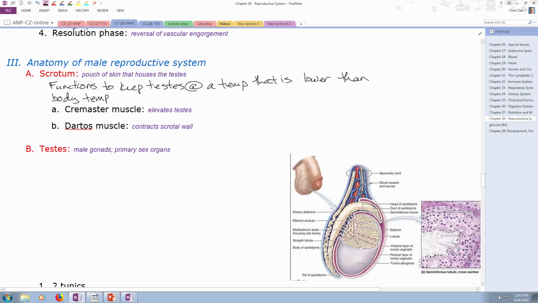And the reason we need to do this is that for men, this is necessary for sperm cell production.